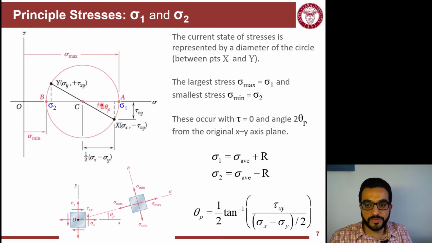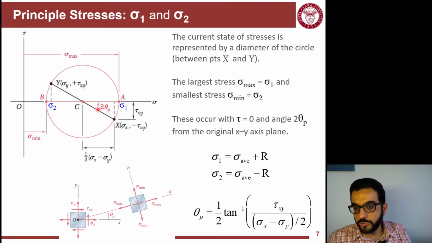So any angle I measure here represents double the angle in real life. In this case, if this is my original state of stresses and I'm transforming them to the maximum stresses, I'm rotating counterclockwise. This angle here I will call 2 theta p, but in real life it happens at theta p. So only half of it is really happening in real life.